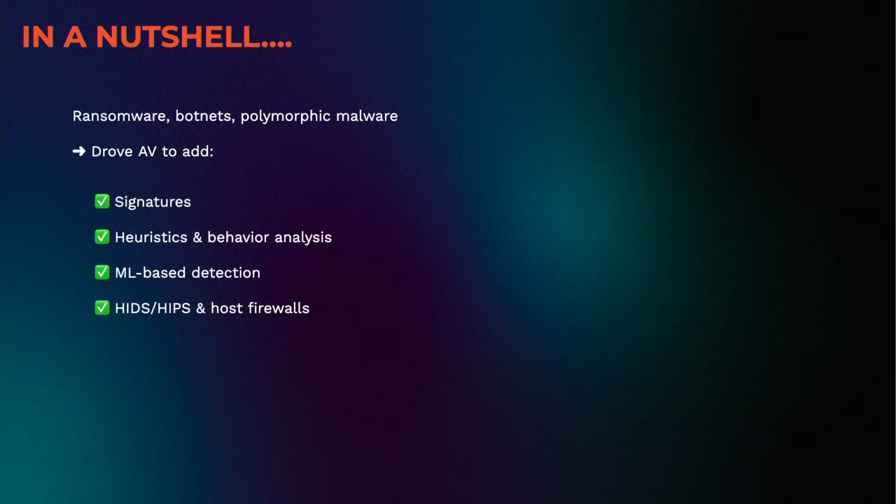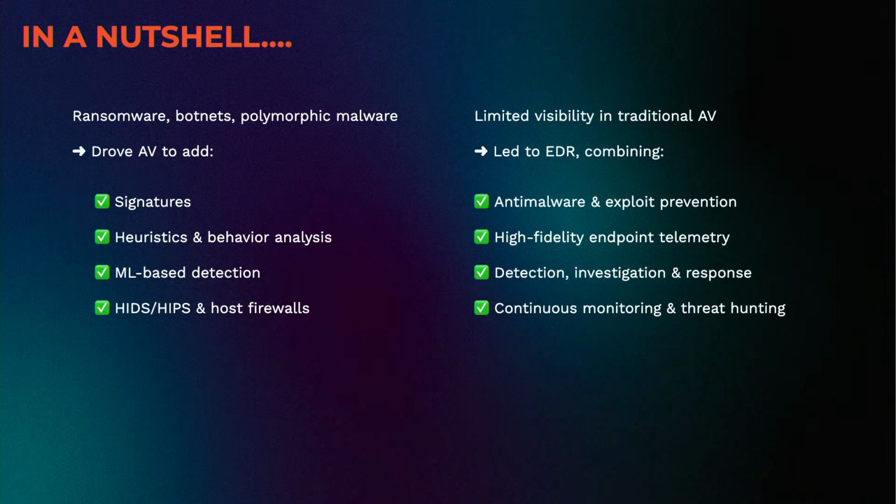We needed to get to a place where we can also identify zero-day kind of stuff. So we introduced heuristics and behavior analytics on the endpoint. We introduced machine learning, endpoint-centric machine learning kind of capability. And then some EDR vendors or antivirus vendors also have what we call HIDS and HIPS, so host-based intrusion detection systems and host-based intrusion prevention systems as well as firewalls.